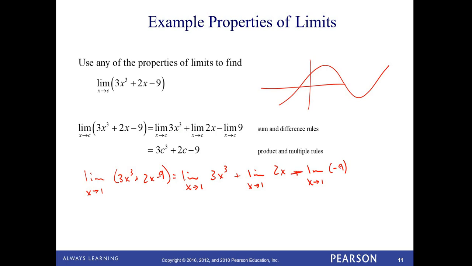I should have said minus and used a plus 9. That would make more sense. So plugging in 1, I get 3 plus 2 minus 9, and the limit is negative 4, which is the value of this function when x equals 1.